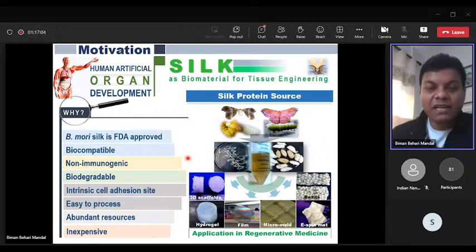Also, it has many such advantages. I'll just quickly take you through. As I said, silk is a protein, and particularly Bombyx mori is an FDA approved material. So the Food and Drug Administration of the USA has approved this for clinical use. Now, why am I putting this?